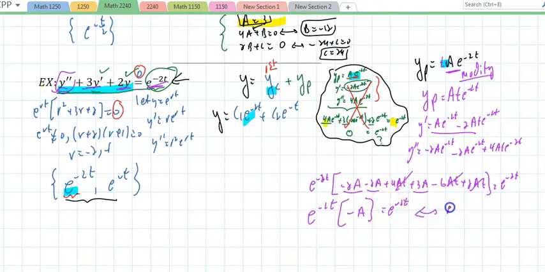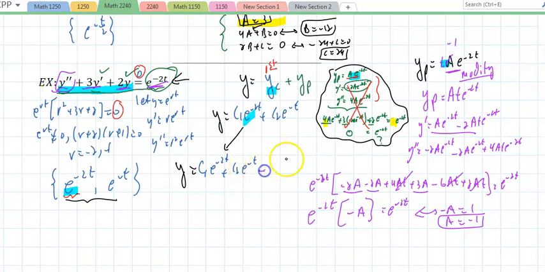Doesn't that mean that negative a equals 1, which means a is negative 1? So I got it. Put a negative 1 there. So my solution would be y equals c sub 1 e to the negative 2t plus c sub 2 e to the negative t minus t e to the negative 2t.